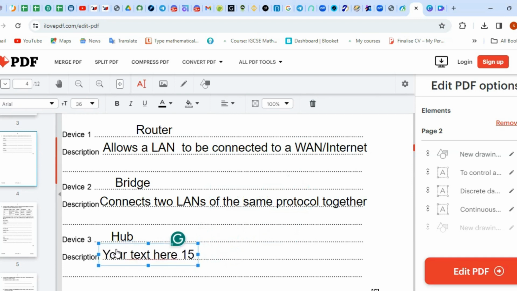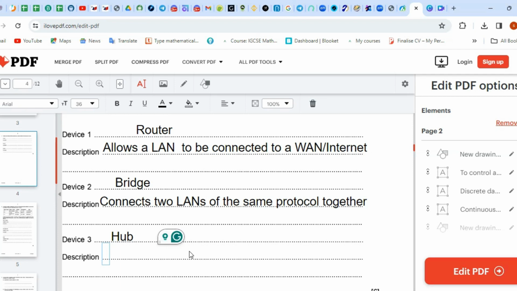Okay. Let me tell you the work of a hub. A hub connects computers or devices so that data can be broadcast to all devices. That is, it expands a LAN.